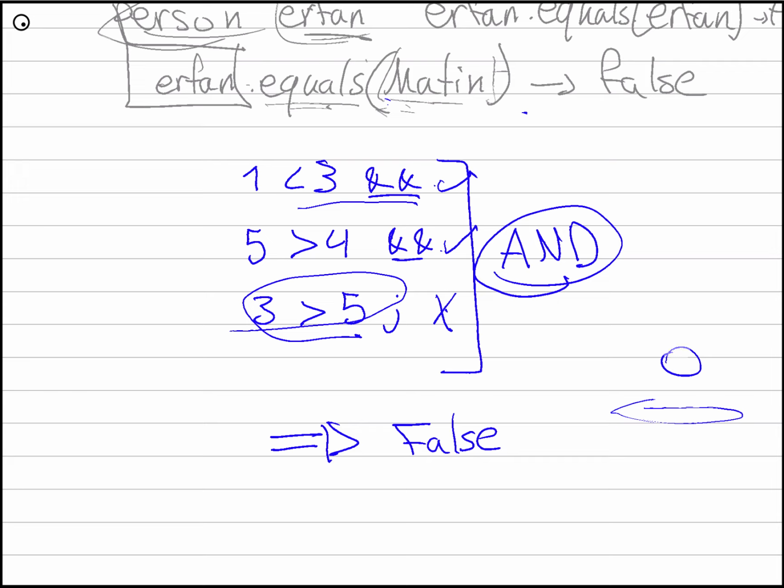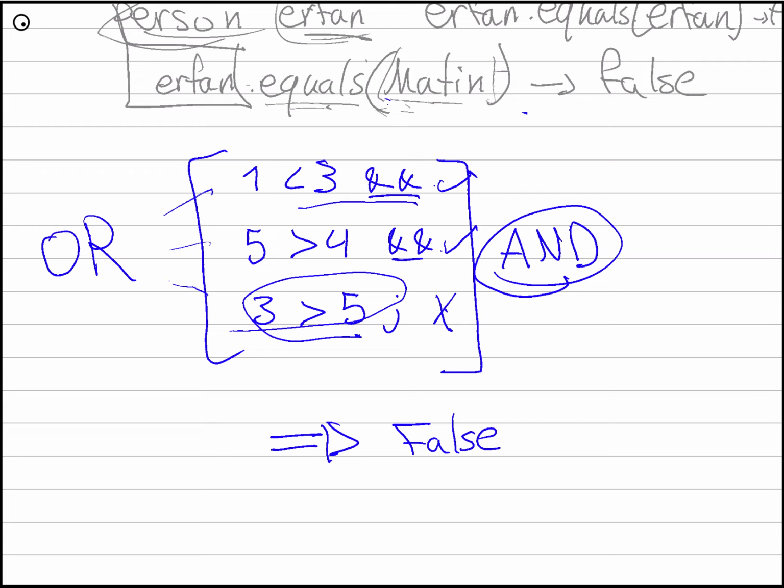However, we have another logical operator, and that's called OR. If you have OR, then you only need one of them to be true, and it will return true. So you can say, hey, I want a fruit that is green, or it's round, or it's expensive.